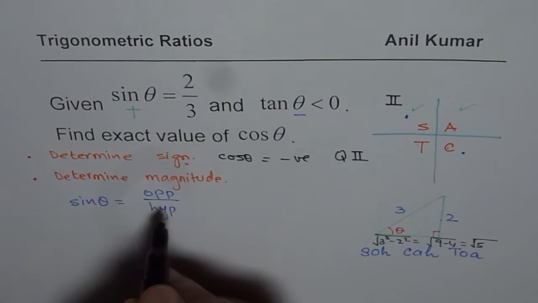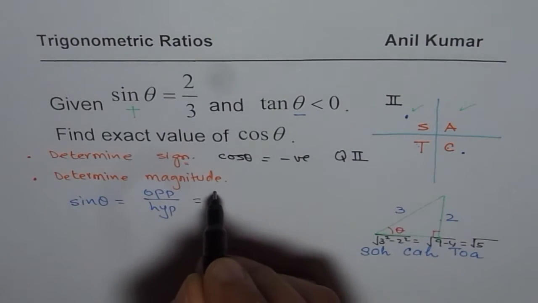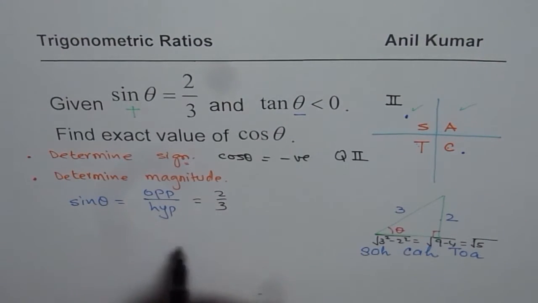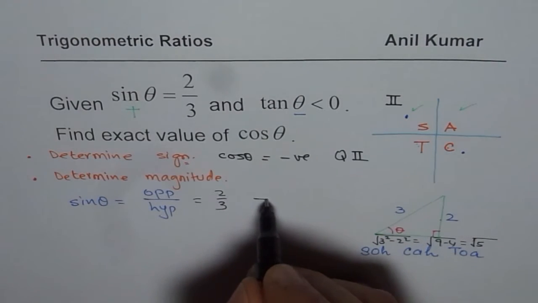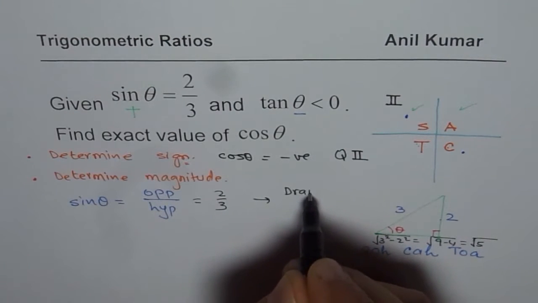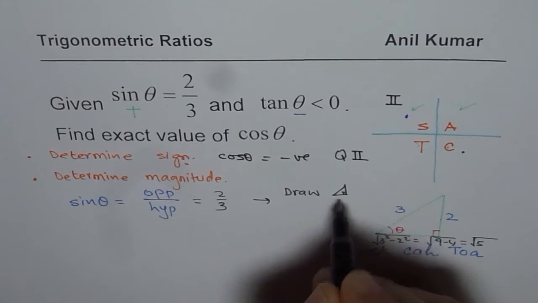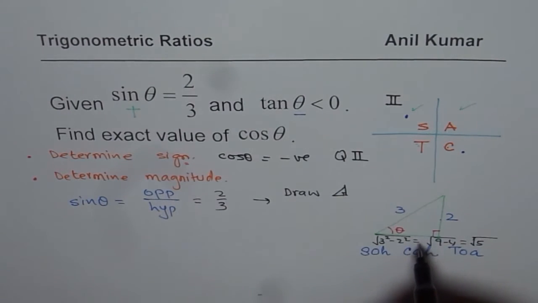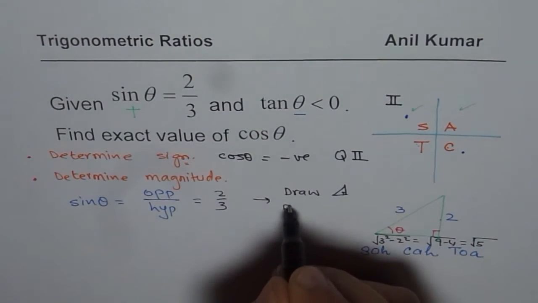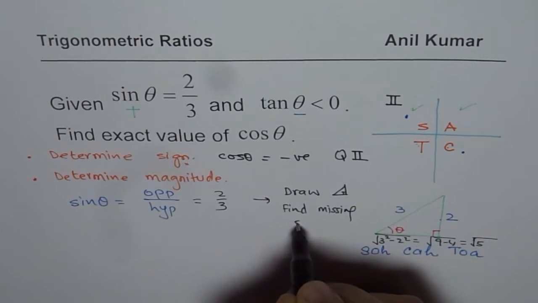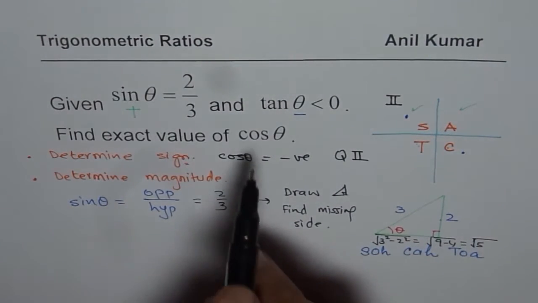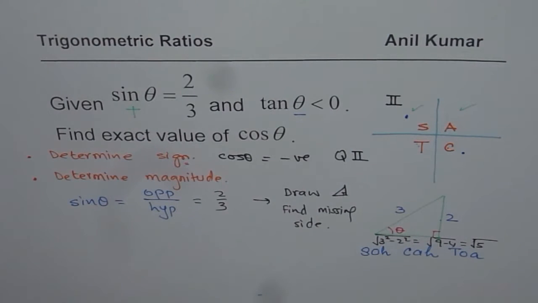So we know sine theta is opposite over hypotenuse, which is 2 over 3. So from here, we have drawn the right triangle. So draw a right triangle and find the missing side, right? Now we can find what the value of cosine theta is.